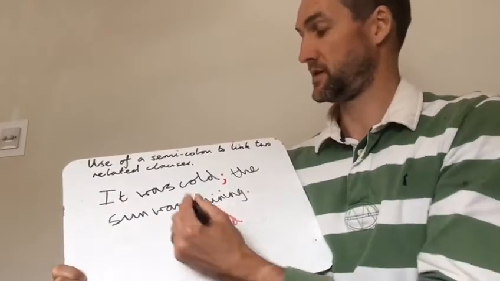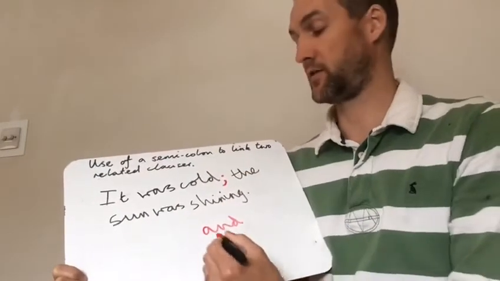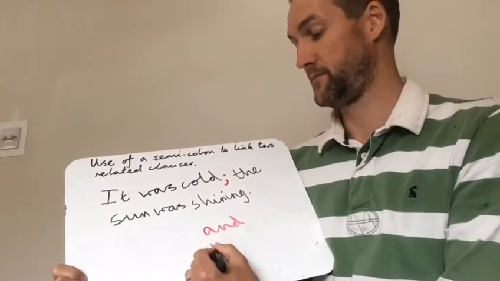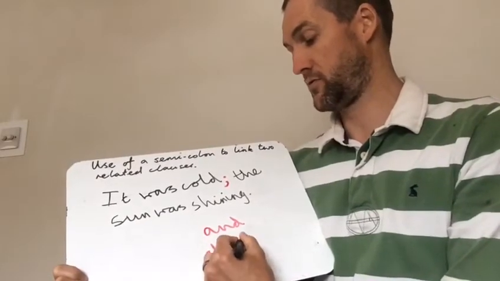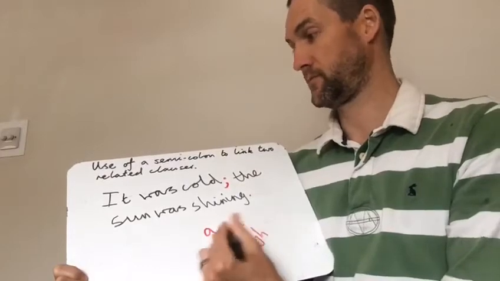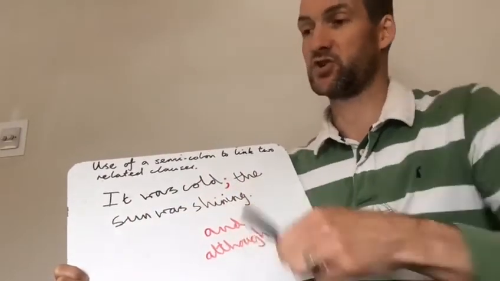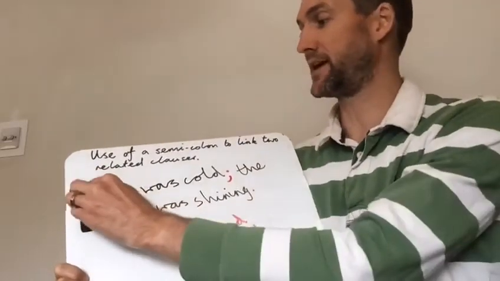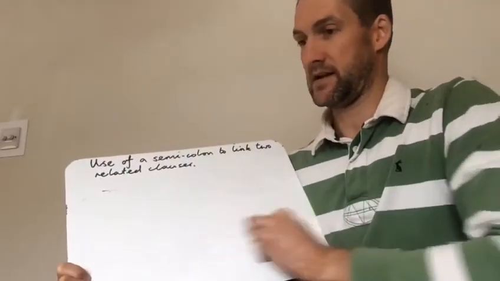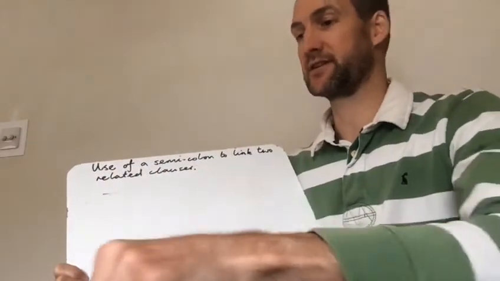That's good. Another conjunction the semicolon could replace is maybe although. It was cold, although the sun was shining. So that's one example. Let's have a look at another example.